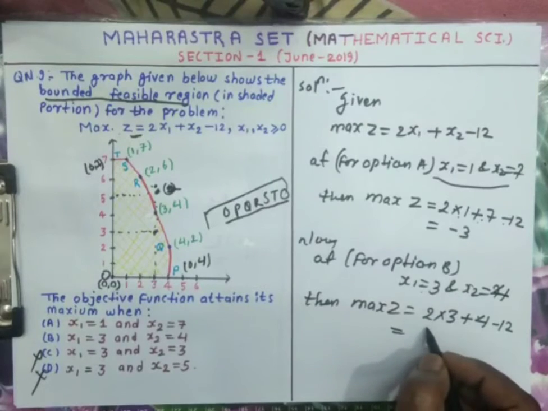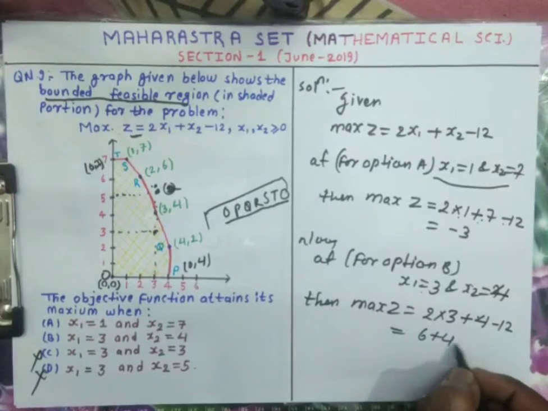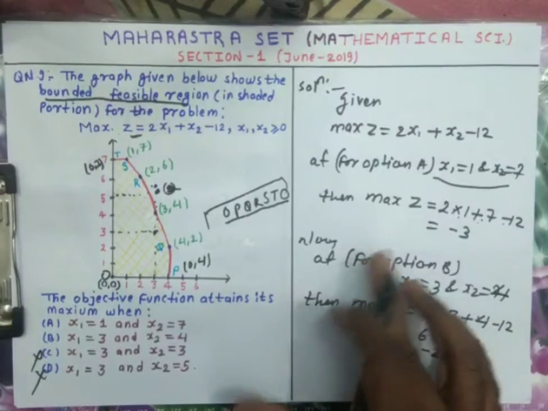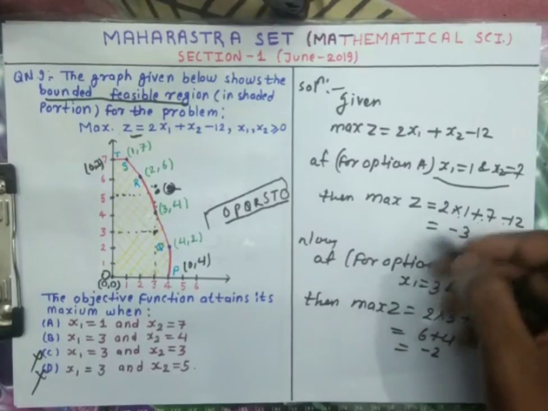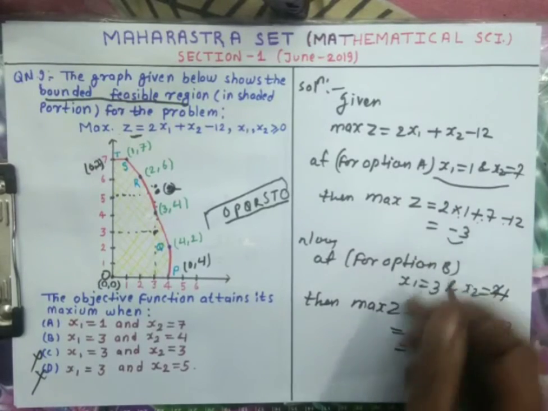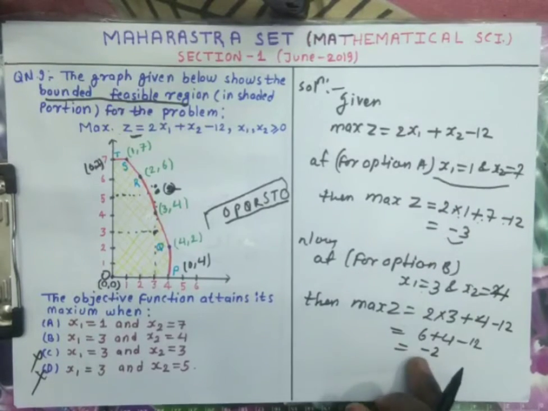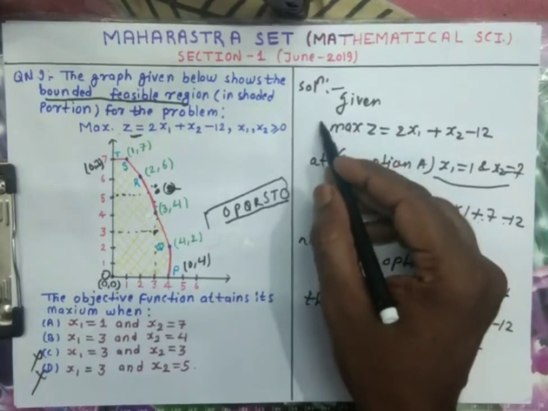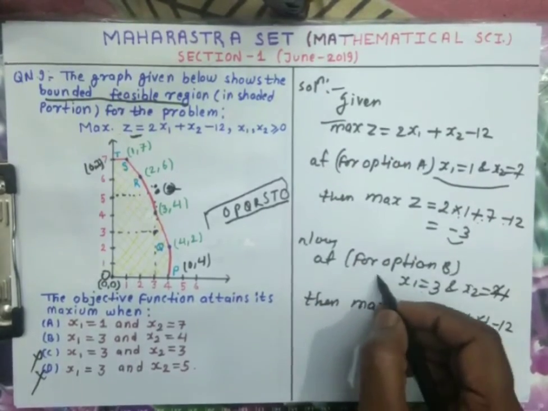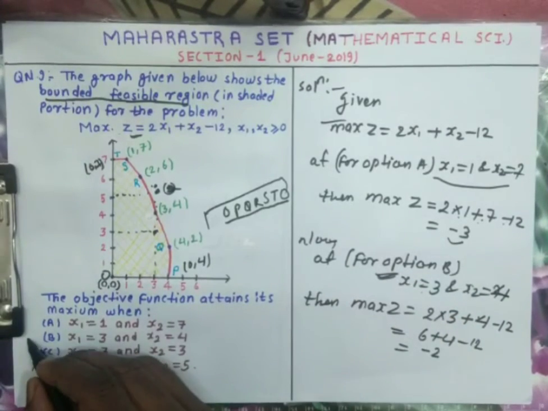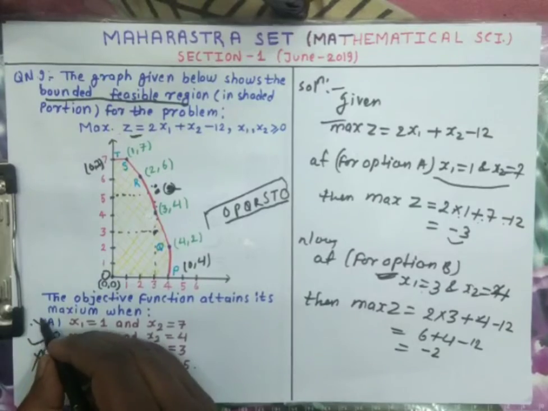So we get 6 plus 4 minus 12, which is minus 2. Comparing, at option A we get z equal to minus 3, and at option B we get minus 2. So clearly the LPP is maximum at option B. So option B is definitely correct and option A is wrong.